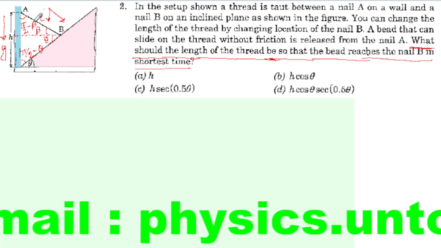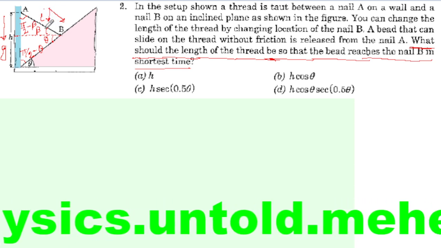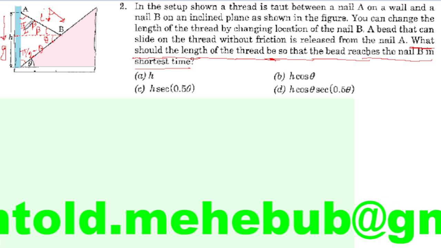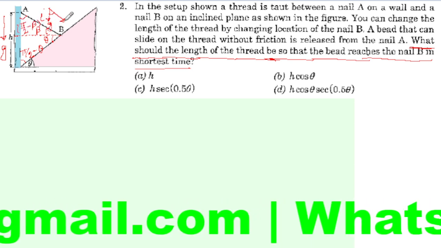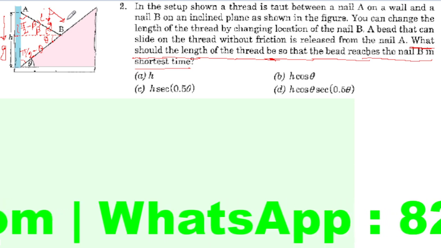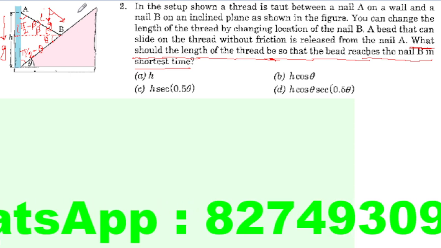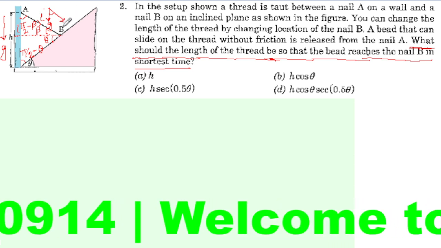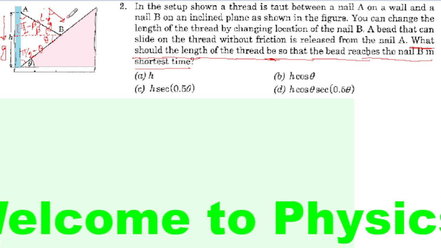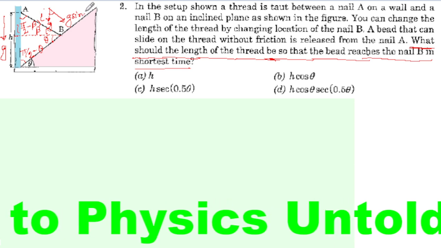It is also clear from our diagram that this angle is equal to π/2 minus β. So the acceleration component along the string or rope must be equal to g cos(π/2 − β), which is equal to g sin β.